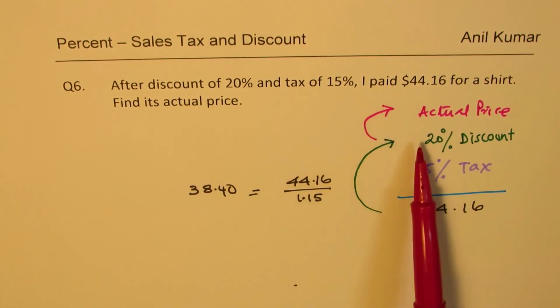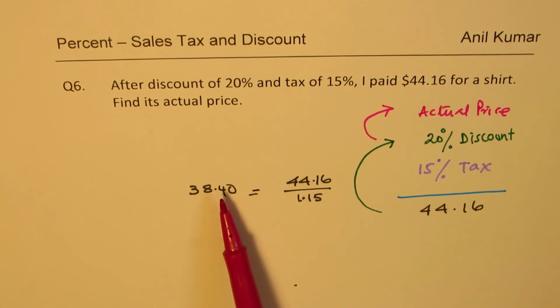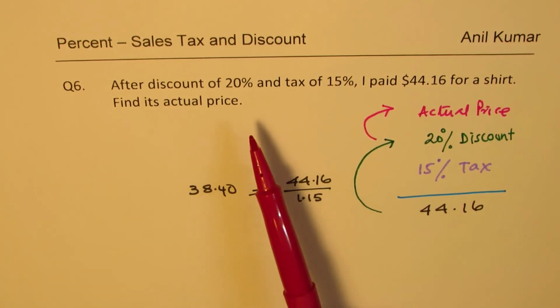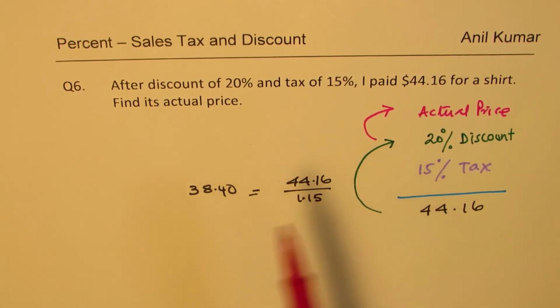After 20% discount, it becomes 38.40, so that price will be somewhere around the 40s, so that when you take away 20%, you get 38.40. So what could that be? I'd like you to pause the video, think about it, and then write down your answer.